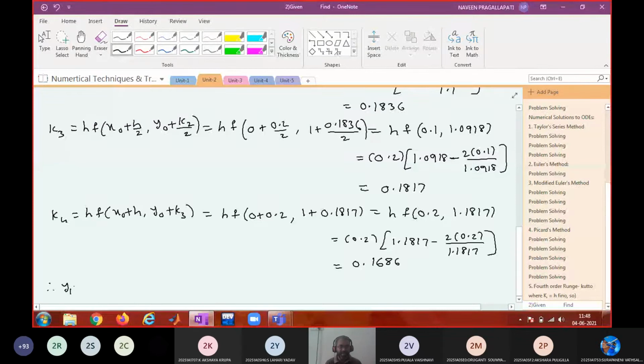Therefore y1 is equal to y naught plus 1 by 6 times k1 plus 2k2 plus 2k3 plus k4.